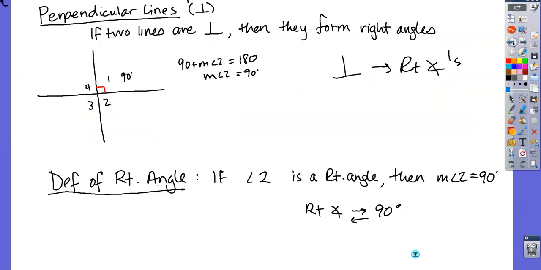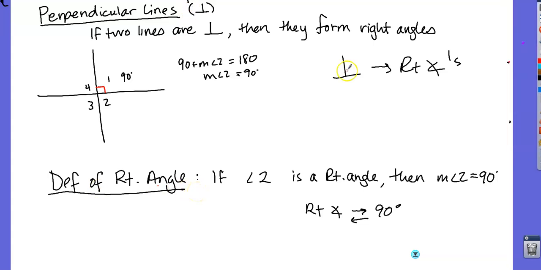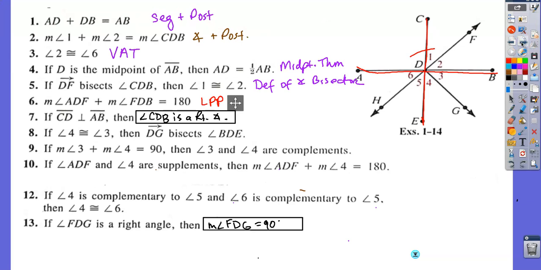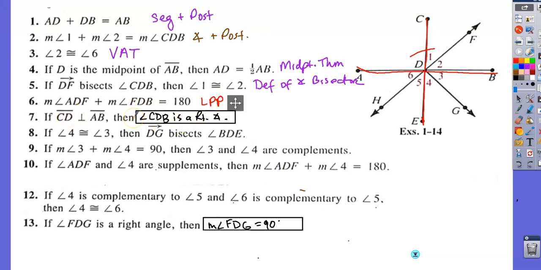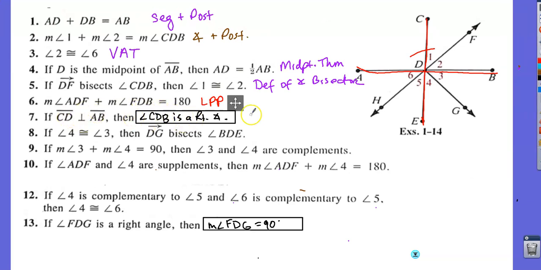It's either definition of perpendicular lines or right angle. Well, let's see. If it's saying the lines are perpendicular so they form right angles, it should be definition of perpendicular. If it says the angle's right, so it's 90 degrees, that's right angles. Let's look. It doesn't say anything about being 90. It says perpendicular gives me a right angle. That's definition of perpendicular lines.